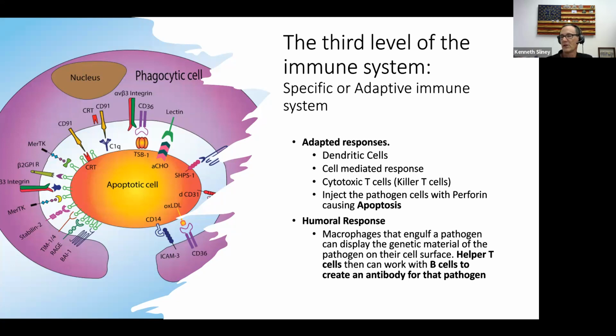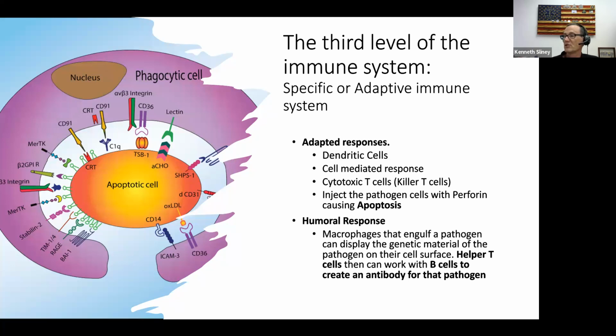Now, this adaptive system, or this mediated system, has two phases. It has the cytotoxic, which is cell toxic, T cells, and they destroy the pathogen.